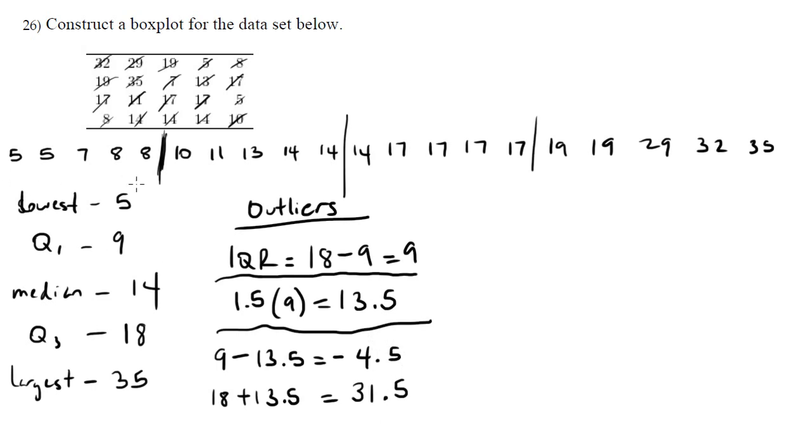I don't get as low as negative 4, that's okay here. Oh, I've got two values larger than 31.5. Those are two outliers on the right side.